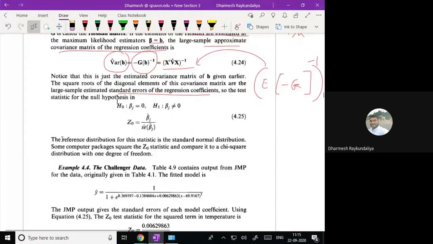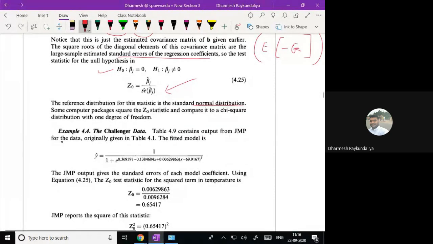So if I wish to perform the test of this null hypothesis, the test statistic is z0 equal to beta j cap upon the standard error of beta j cap, and it has a standard normal distribution. If you take the square of this, the Wald statistic is nothing but the square of this.